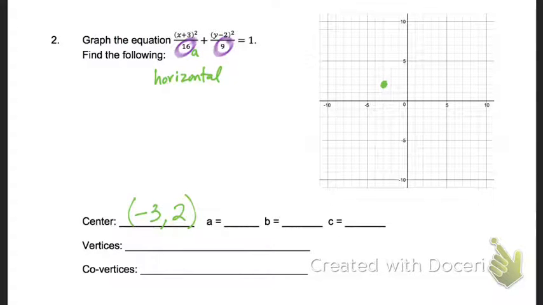So that means A and B. So my A value, like the major axis, is how many? A equals 4, and B equals 3. So I'm going to go left and right 4, and I'm going to go up and down 3. And then I will connect the dots.